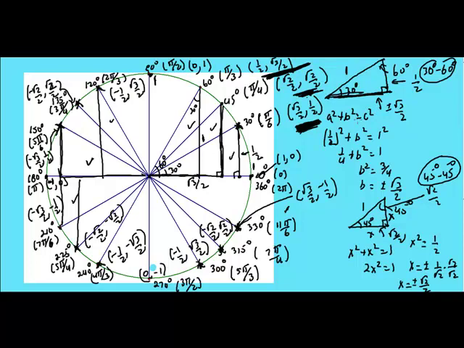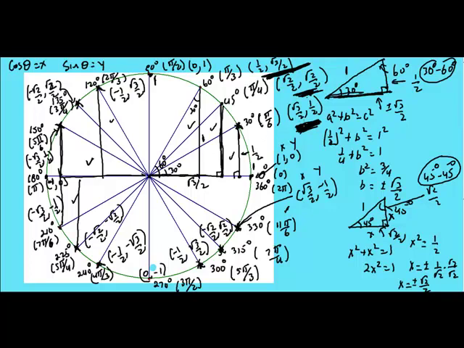Now, the only thing you need to know is we call this x and y, but in trig we call the x the cosine. So cosine of some angle, let's say we'll call that theta, we call that x, and then sine of the angle, we call that y.